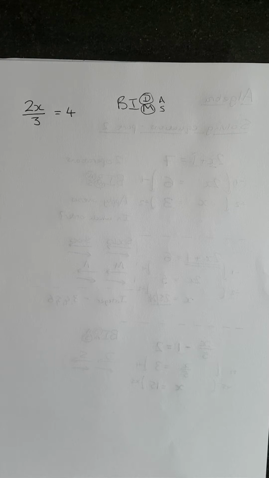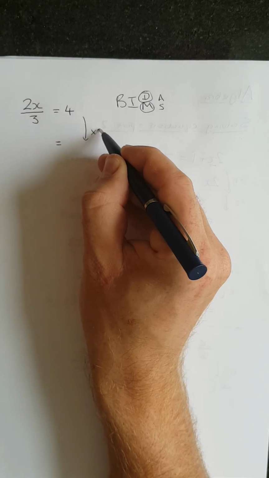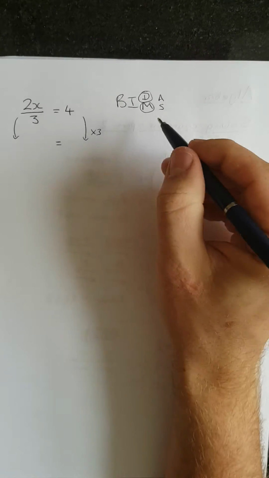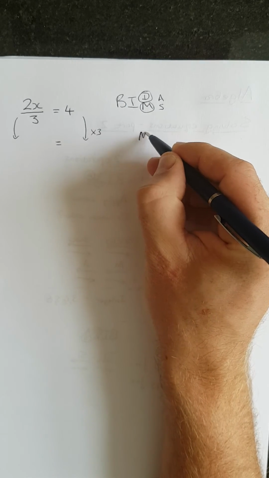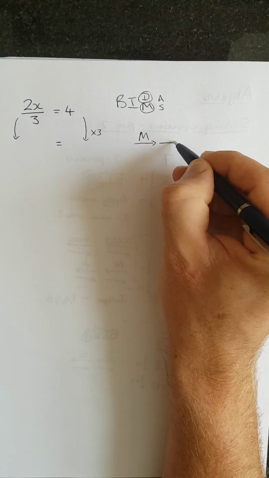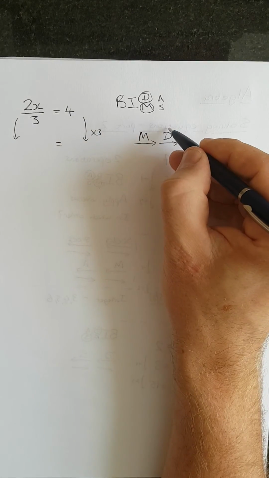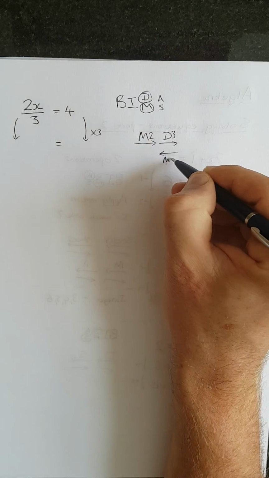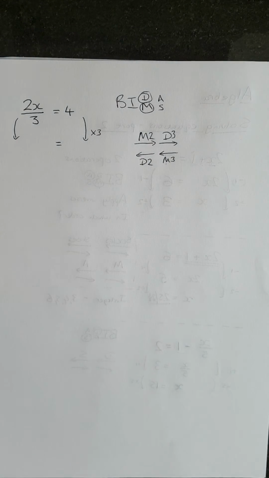I'm going to choose to multiply by 3 first. Why am I multiplying by 3? Well, my fraction has been multiplied by 2 and then divided by 3. So I'm going to multiply by 3 and then divide by 2.